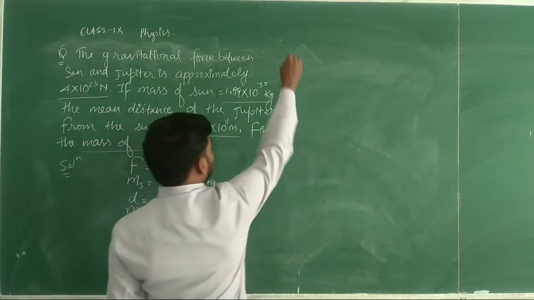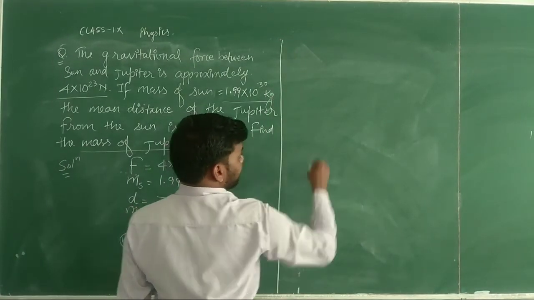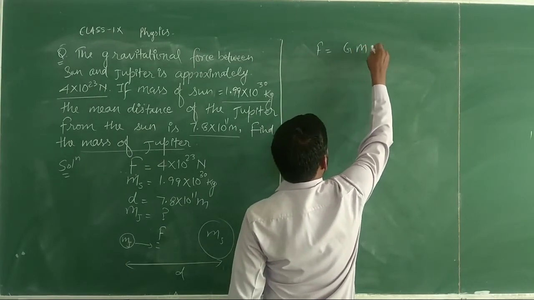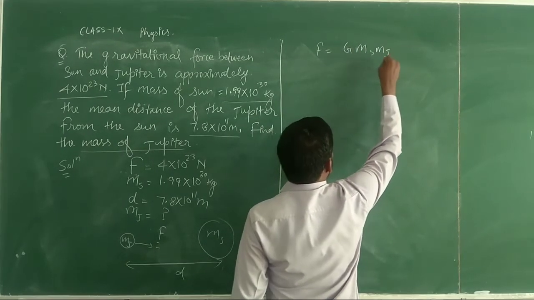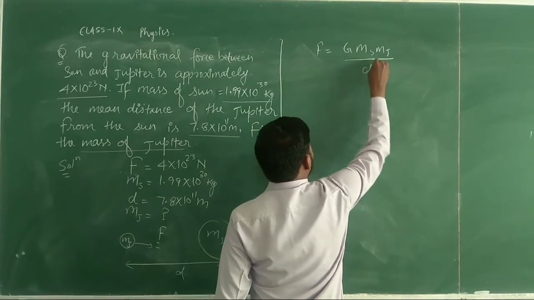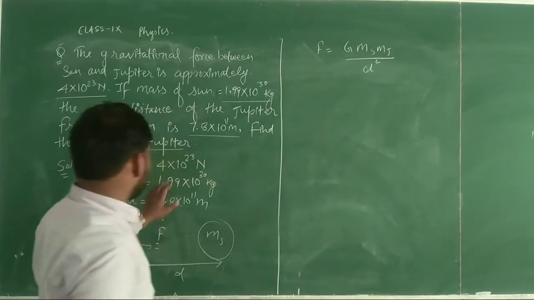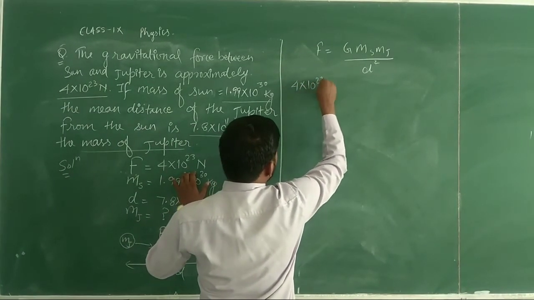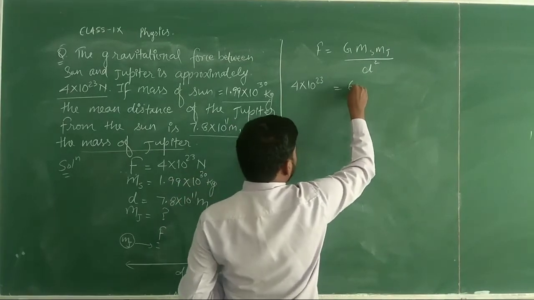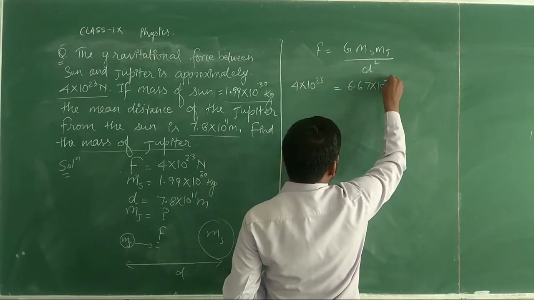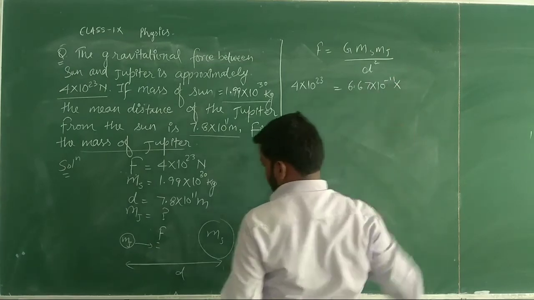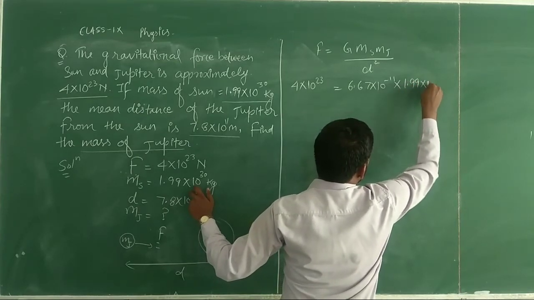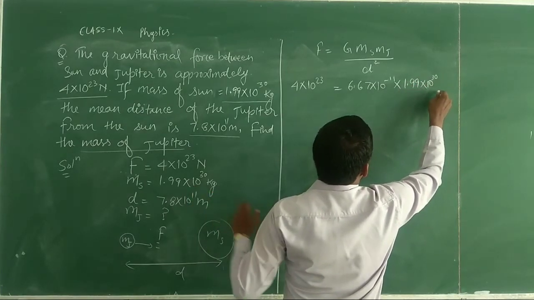So let us apply the formula of the universal law of gravitation, that we know is F equal to G ms mj upon d square. The value of F is given, that is 4 × 10^23 Newton. The value of G we know very well, 6.67 × 10^-11. And the mass of the sun is 1.99 × 10^30 kg.